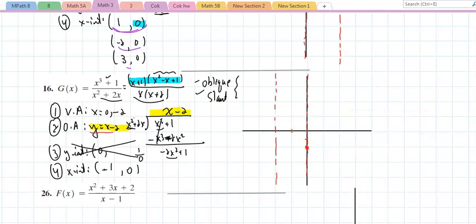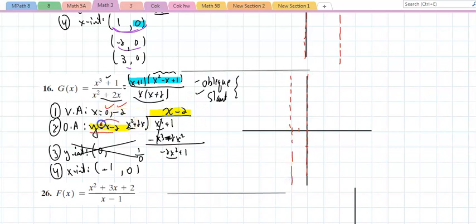I gotta rescale it. Okay. Negative 1, negative 2. Rise 1, run 1. You know what? I'm gonna rescale the whole graph. Okay, so here. So, x equals 0 is right there. X equals negative 2, I'm gonna say negative 1, negative 2 right there.